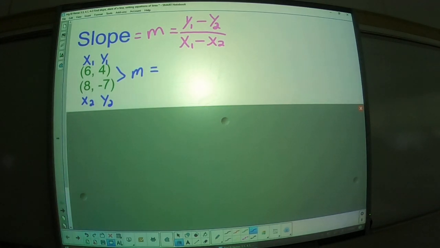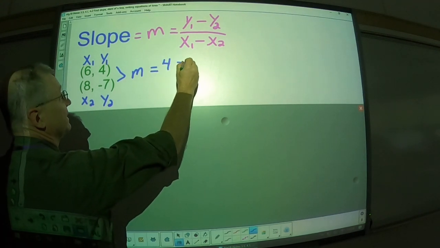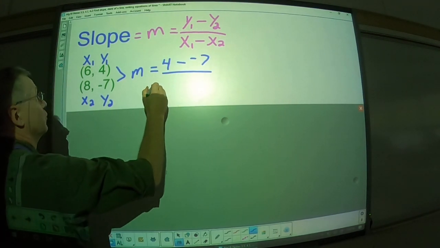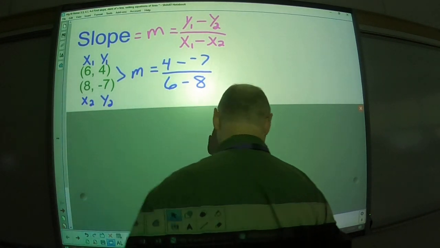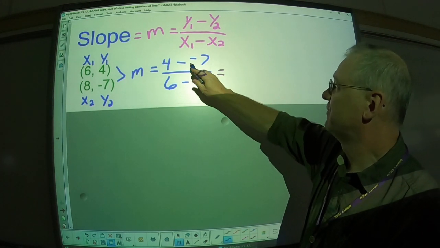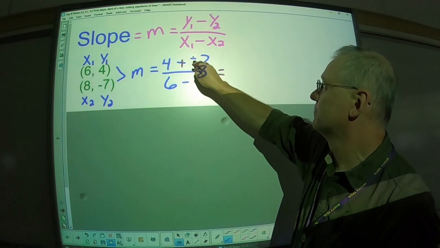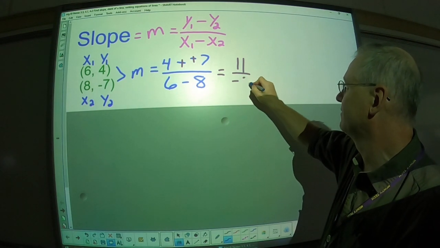So let's look at this one, and we'll do 4 minus negative 7 over 6 minus 8. When I do that, I'm going to just simplify. Remember, double signs plus a positive, that makes 11 over 6 minus 8, negative 2.